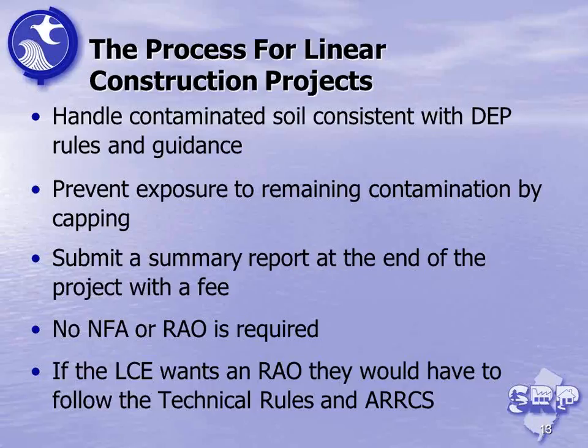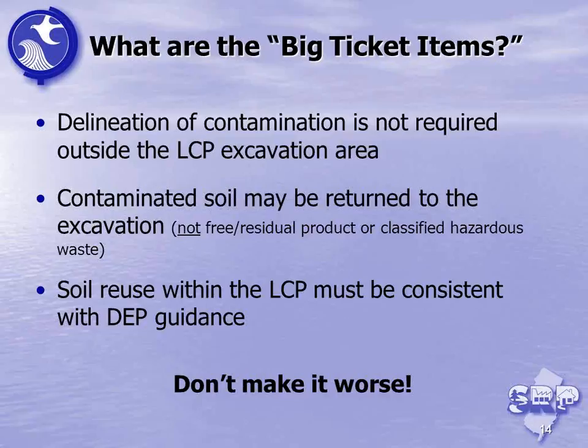So for that gas station, that yellow block that was up on the screen, let's say they wanted to take over the remediation, they want to get an RAO for that because, let's say, they want to sell a piece of it after they're done with their linear construction project, they have to follow the TEC rules and ARCS rules.